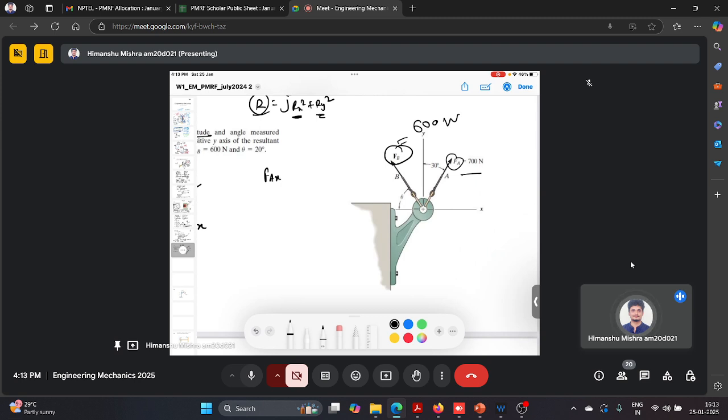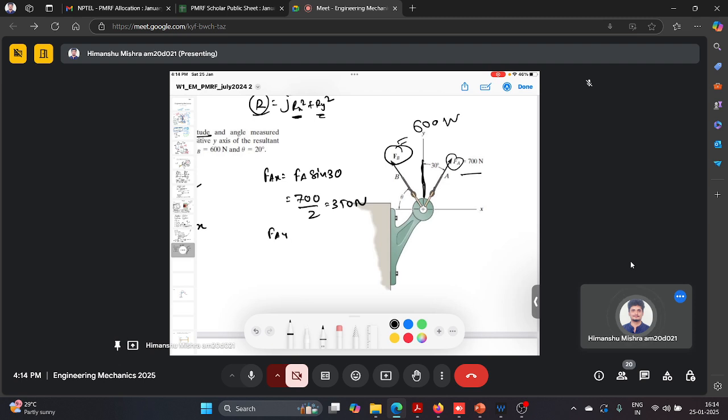You can easily see from this figure that the angle is measured from the vertical axis, and the component is in the positive x direction because it points to the right side. So it's Fa sin 30. So it's 700 by 2, which is 350 Newton.